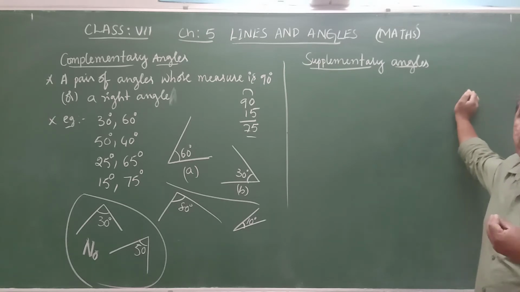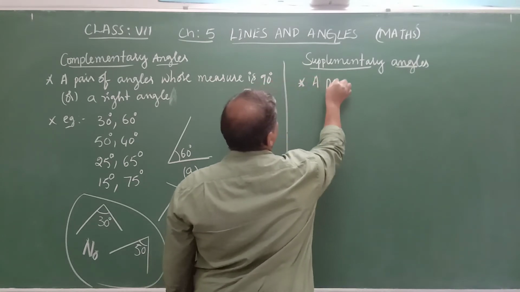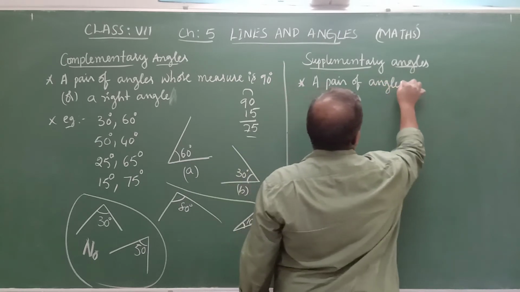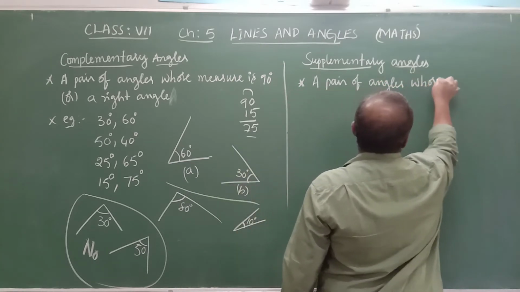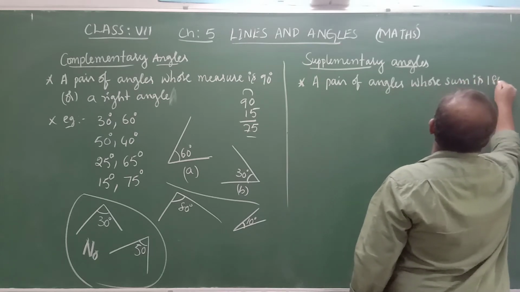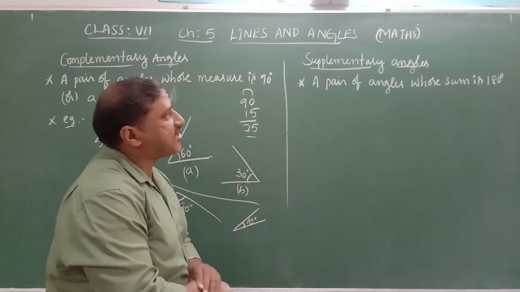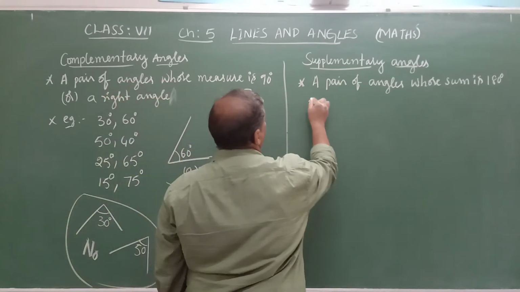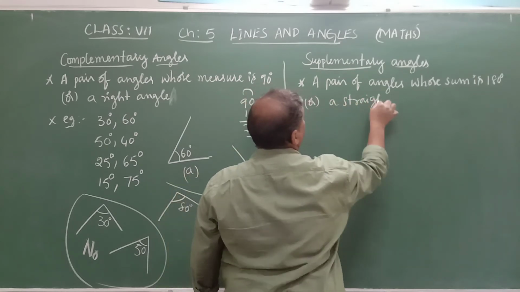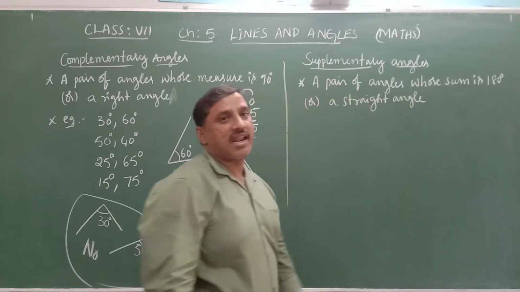A pair of angles whose sum is 180 degrees, or a straight angle, are known as supplementary angles.